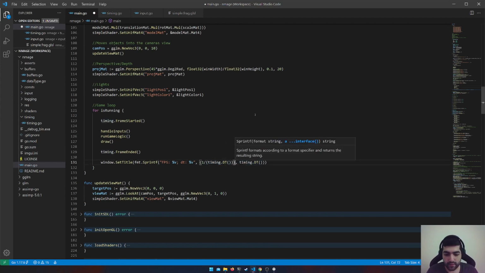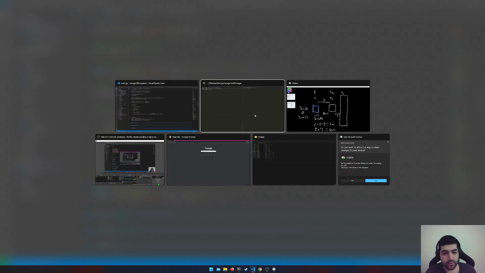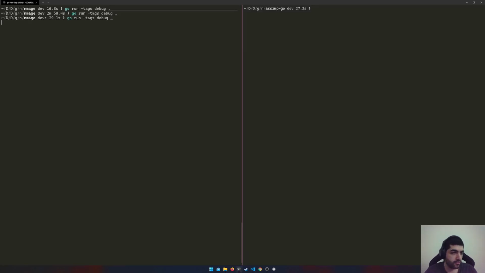We can convert delta time, which is in milliseconds, into seconds by dividing by 1000, and then we get a frequency. It should give us FPS. For us, this should be really, really high. Let's see.